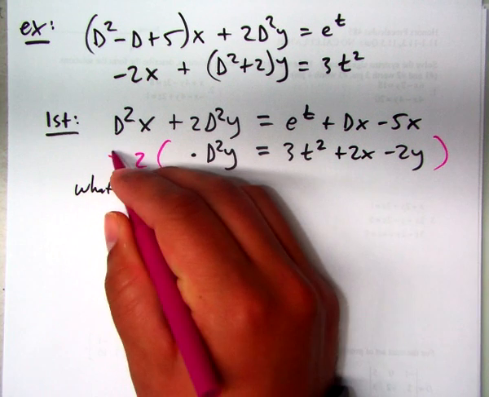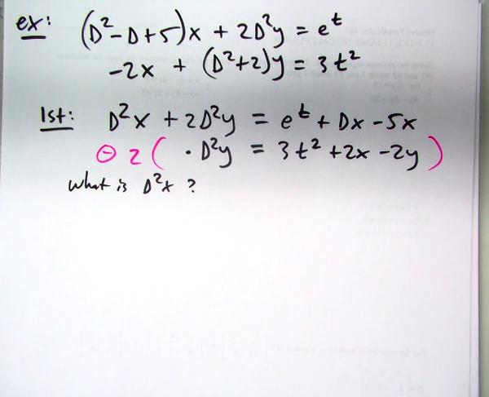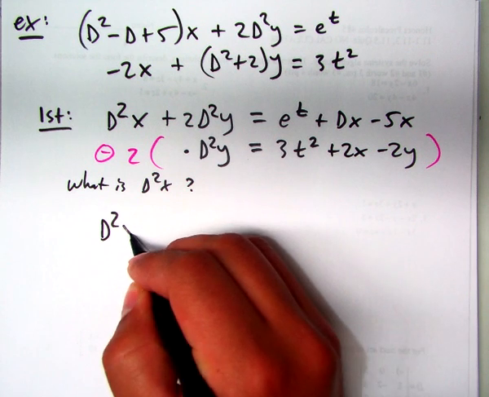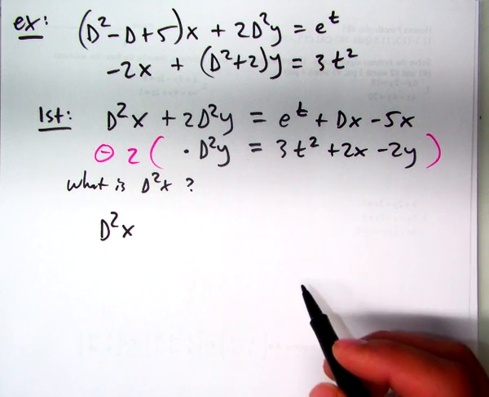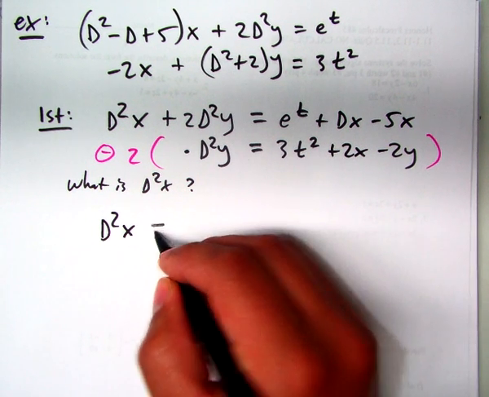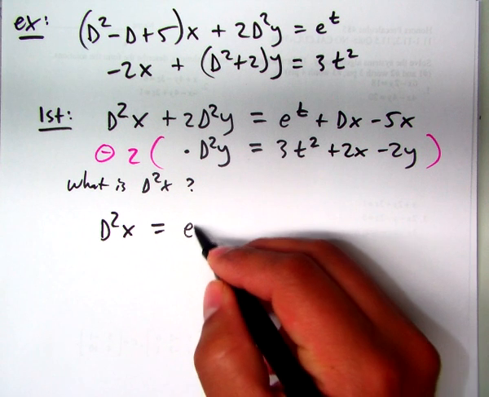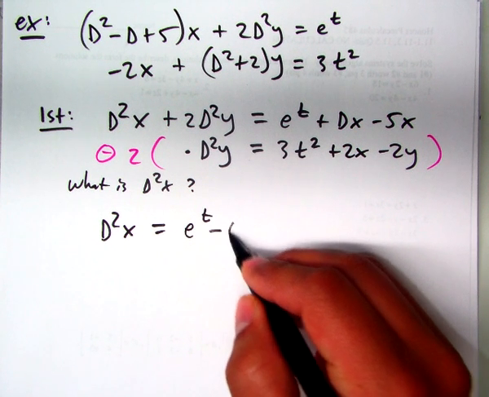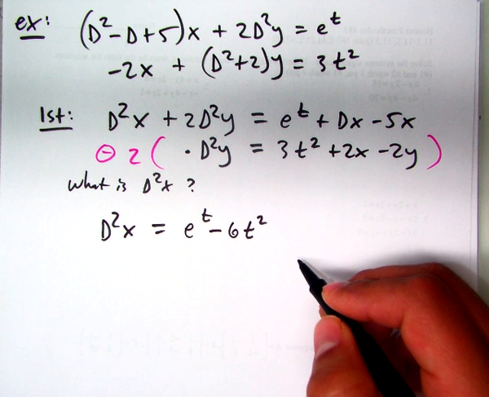So eliminate. So then we get D²x. The two D²y's go away. And then this is going to be e to the t minus 6t².